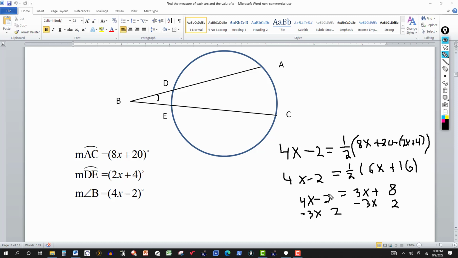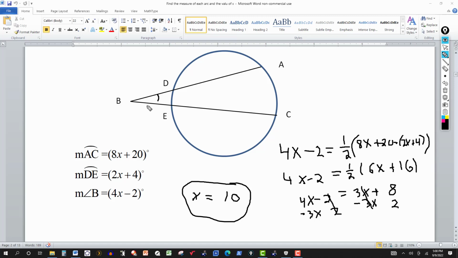So notice minus 2 and 2 cancel, minus 3x and minus 3x cancel, and then 4x and minus 3x is x. And 8 and 2 is 10. In this case, that would be the answer, because it just wants you to find the value of x.